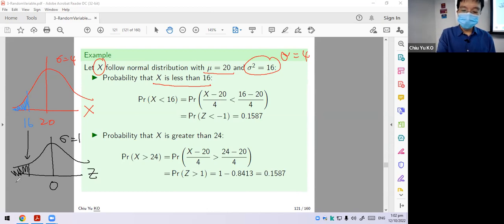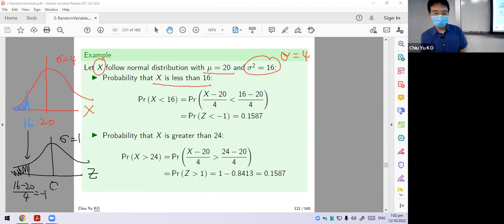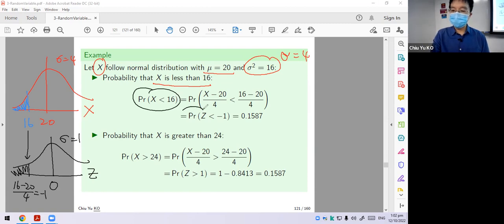How do you transform? 16 minus 20 over 4, which is -1. The transformation is minus the mean over the sigma. Remember how we standardize. So the area less than that is the same. So this is the same as this one.